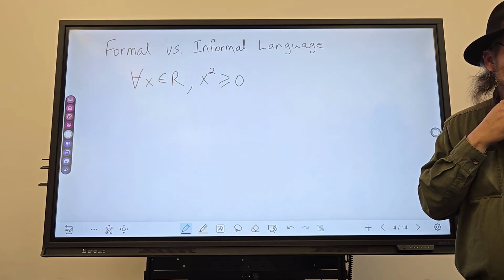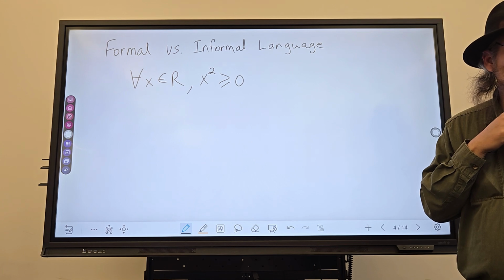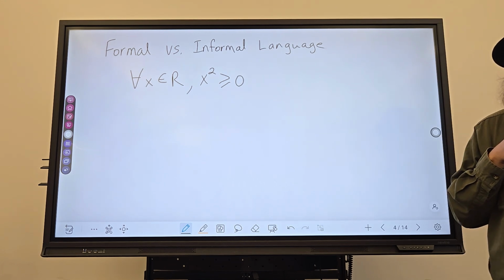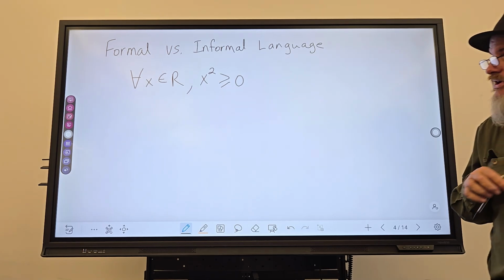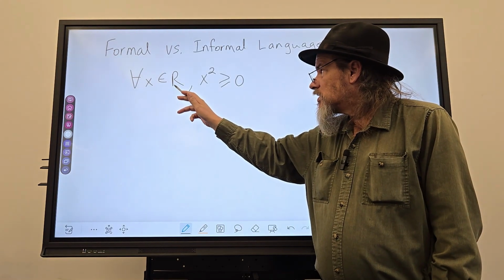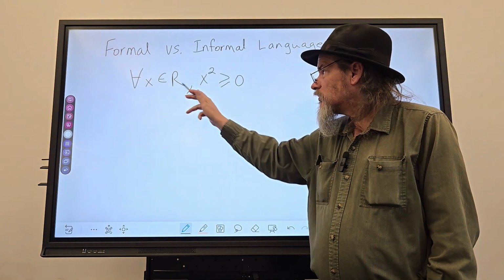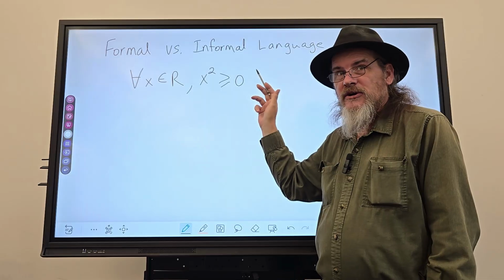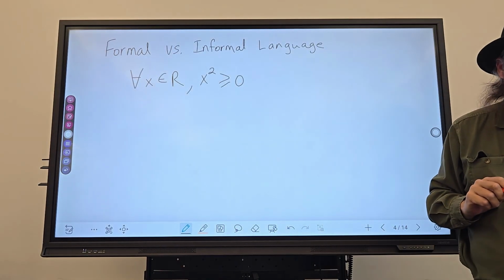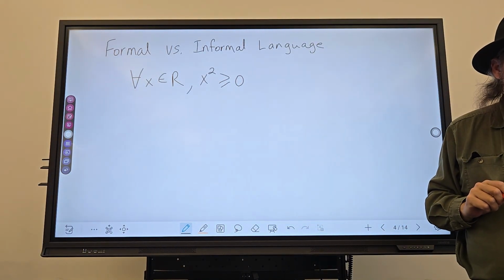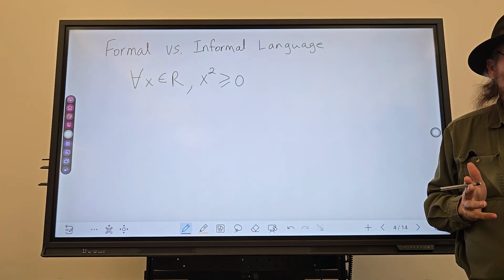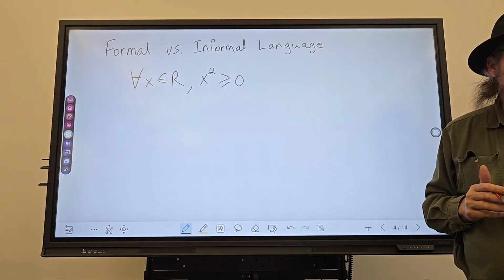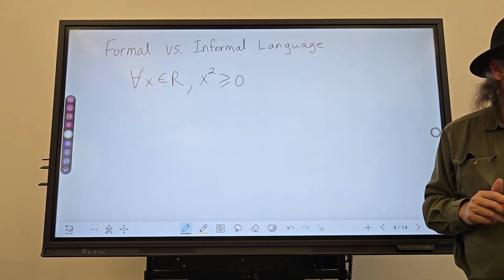No, without using variables. This is kind of from the first chapter quiz. How about for every real number, its square is greater than 0? That's informal. It gets the idea across without bringing in variables or anything like that.